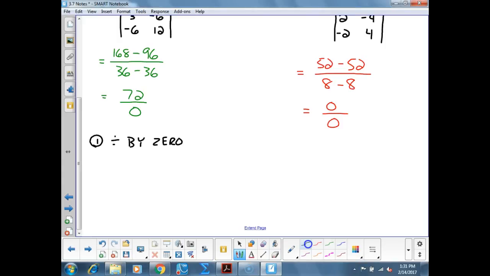Okay. When you are using Cramer's rule and you are dividing by 0, you are in a special case. You're either in a no solution or an infinite solutions case. Okay? What's different about those two?